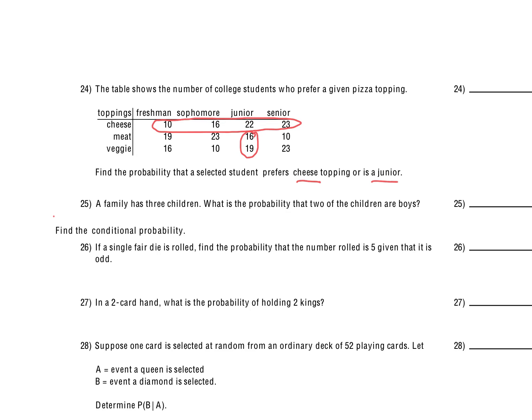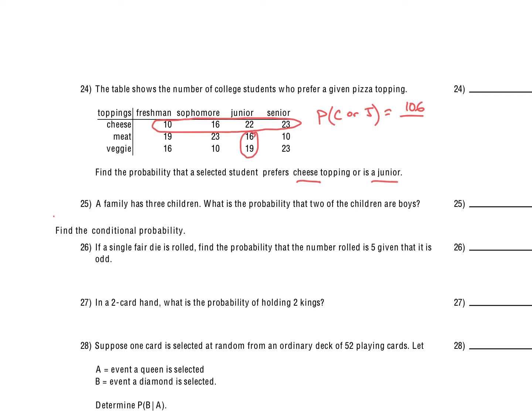Okay, so cheese or junior. So favorable would be adding 10 plus 16 plus 22 plus 23 plus 16 plus 19, which is 106, compared to the total of all of these numbers.